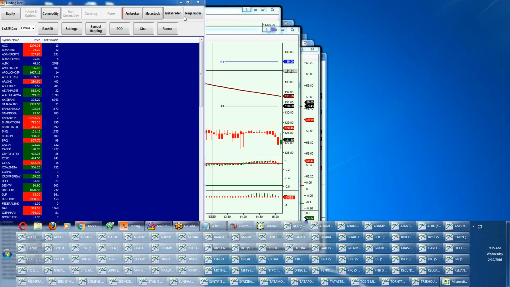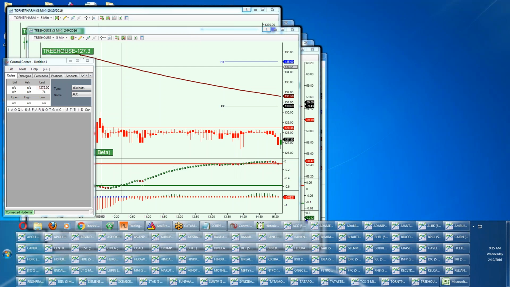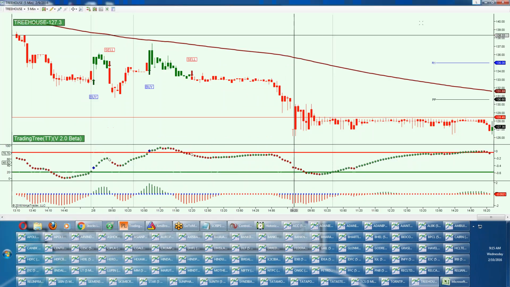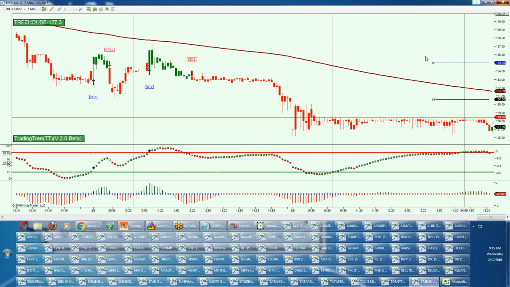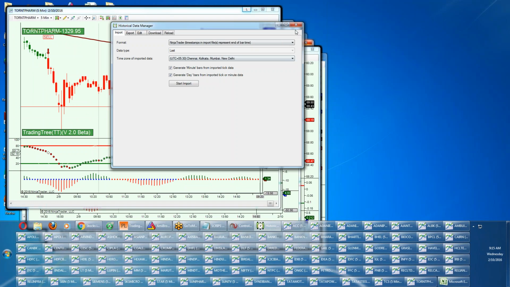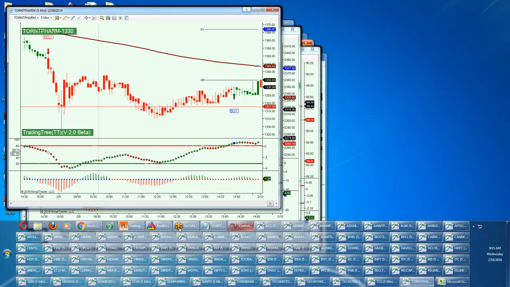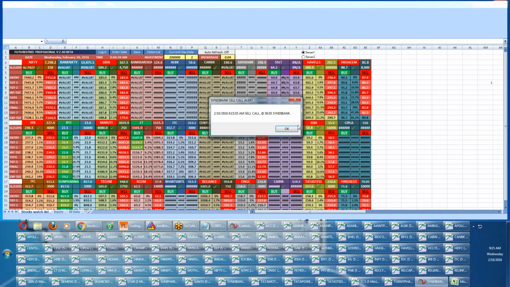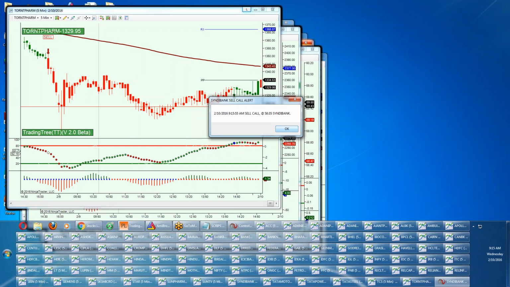I'll just minimize that. And let me just close even this Excel Cash Tree. We'll concentrate only on the TradingTree today.